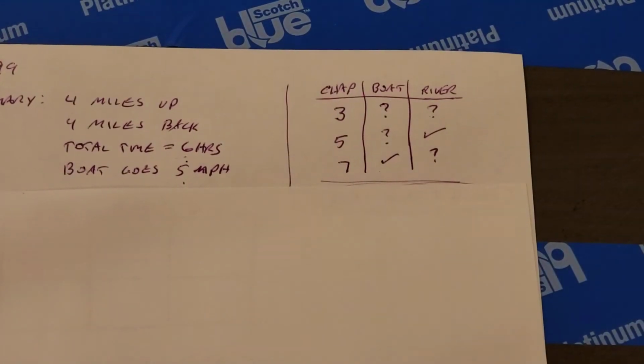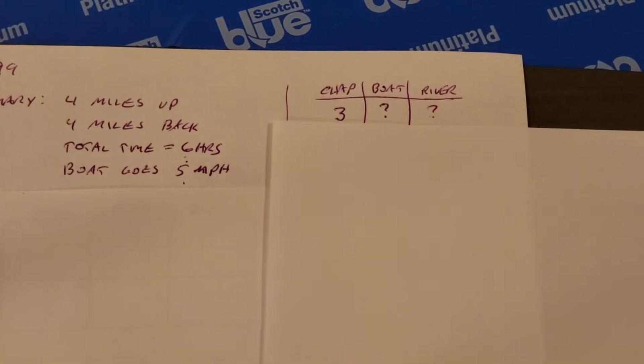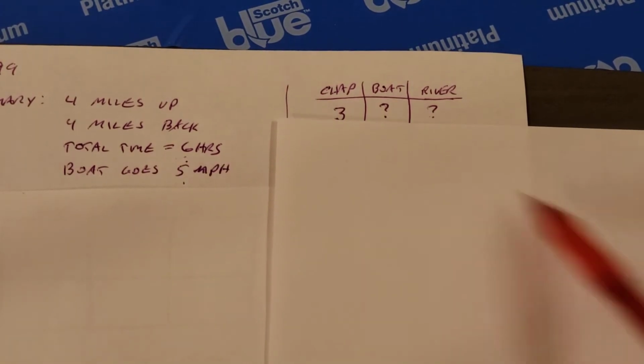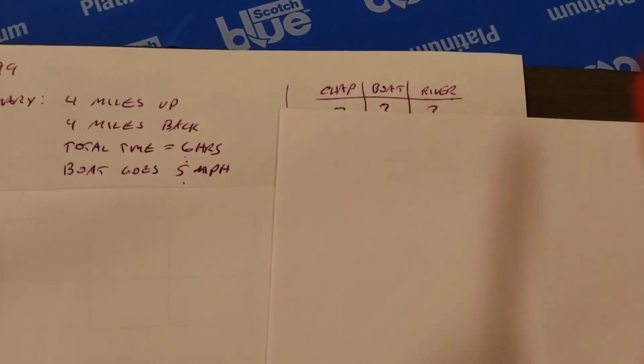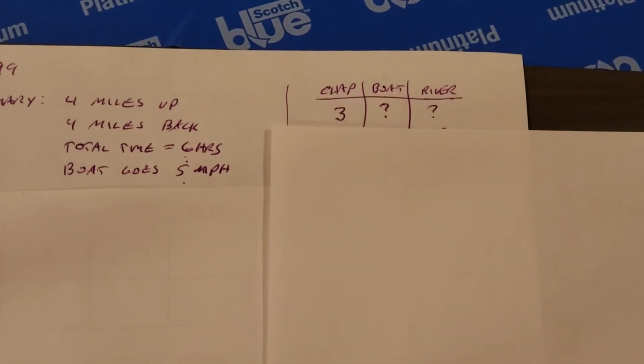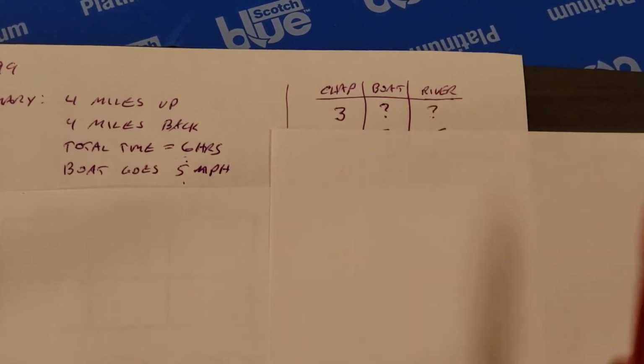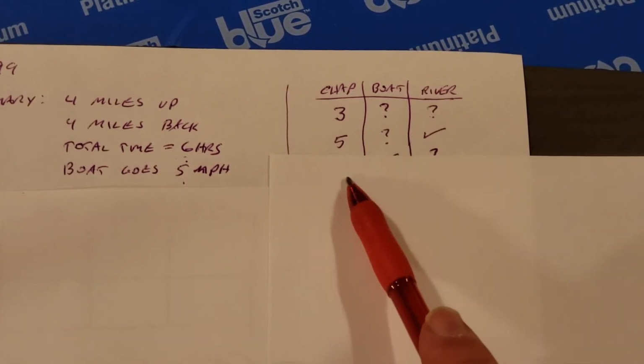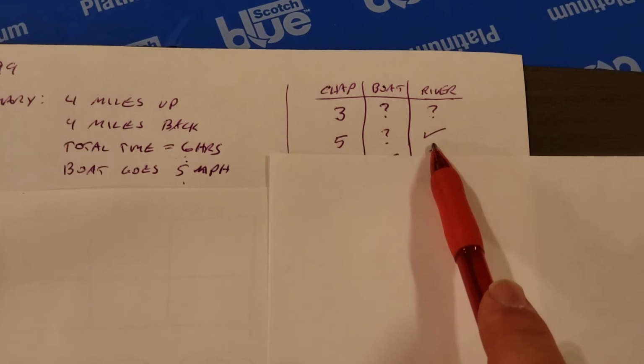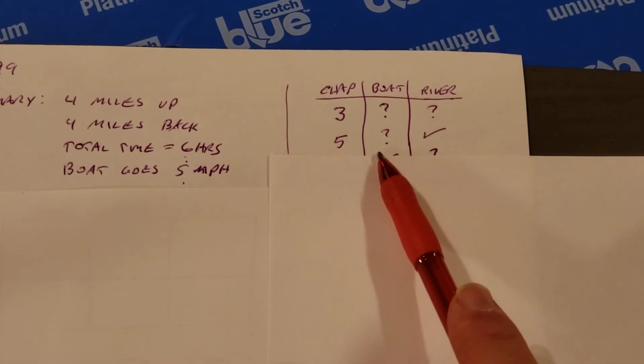This has nothing to do with this particular problem, but I think it's interesting. What did the author do with us? In chapter 3, we didn't know the speed of the boat and we didn't know the speed of the river. In chapter 5, we did know the speed of the river, but we didn't know the speed of the boat.